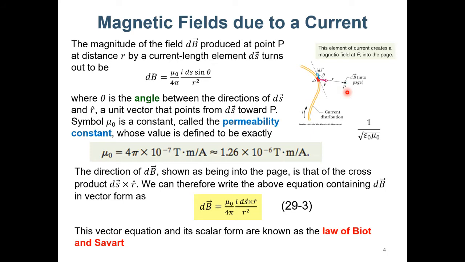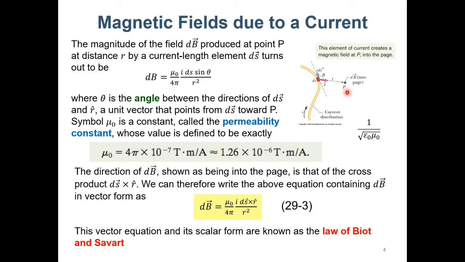So we have ds cross r. ds points to that side, and r points to that side, so B will point to this side, roughly into the page. Here r hat is the unit vector of r, divided by r squared.